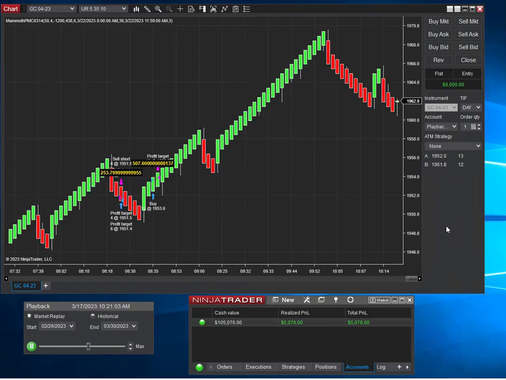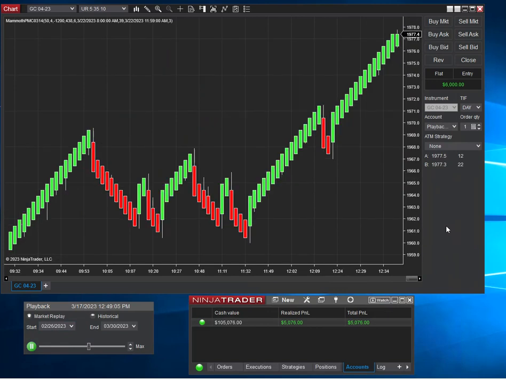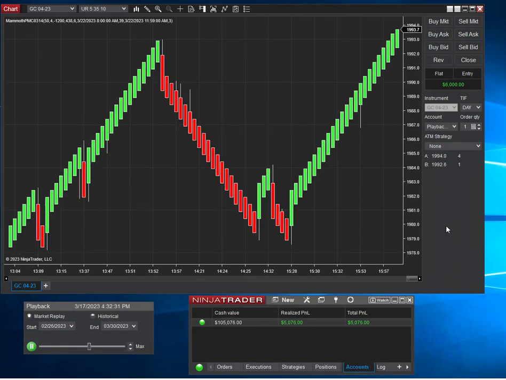Target filled. All right, 2 trades for 17th. 18th is Saturday. 19th is Sunday.